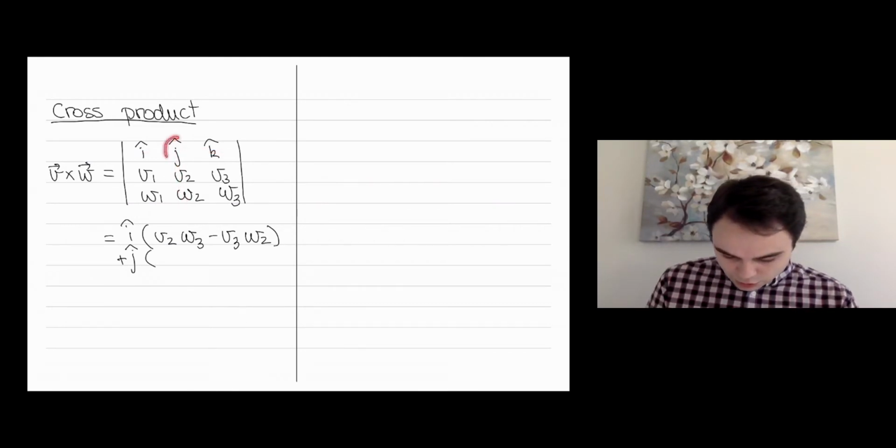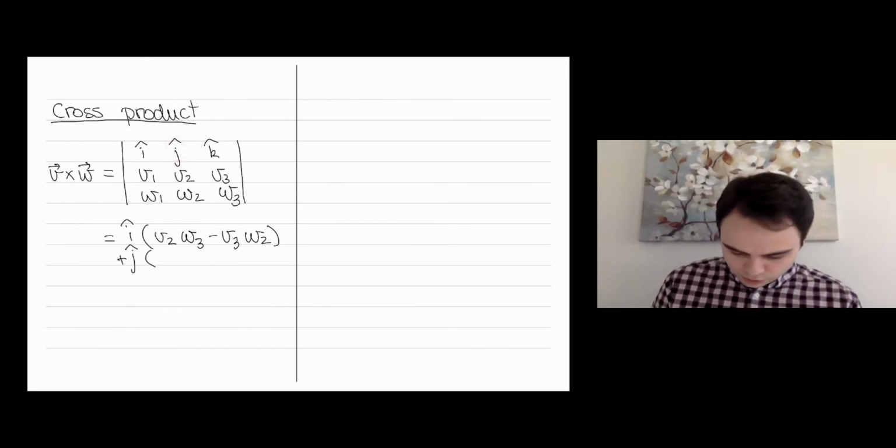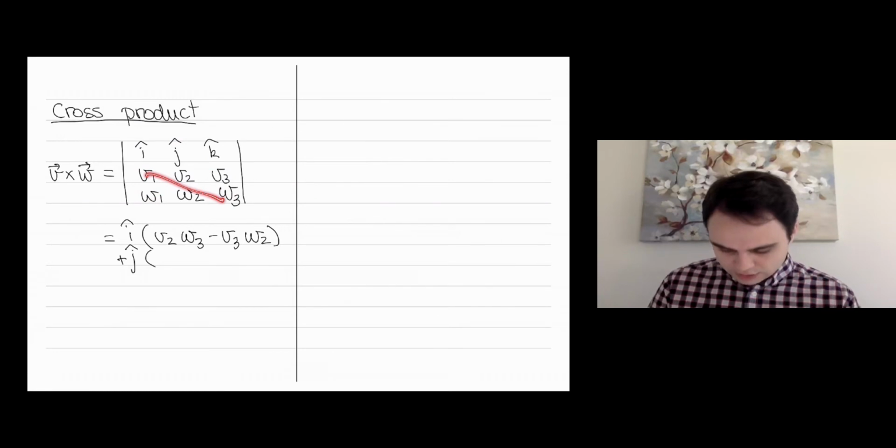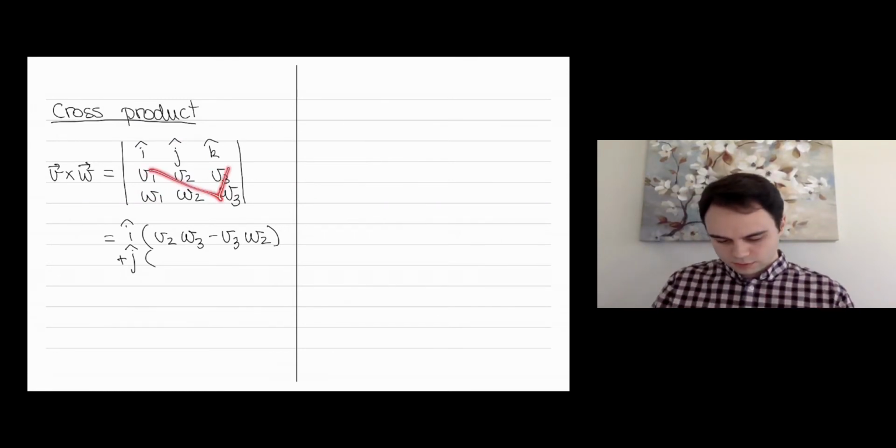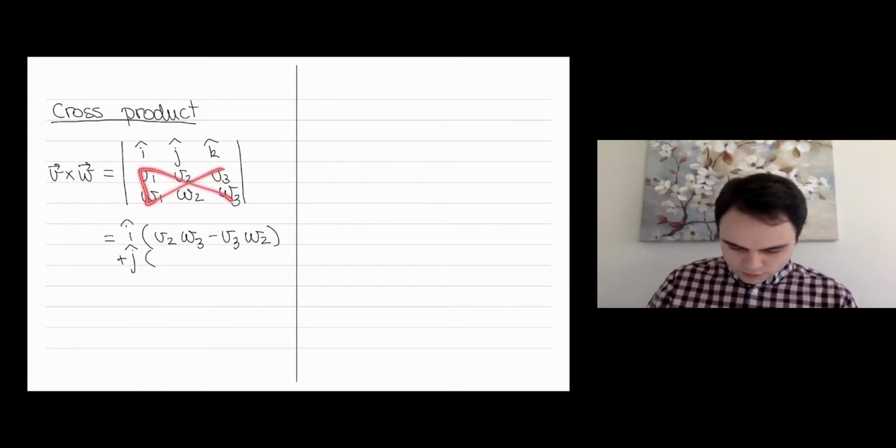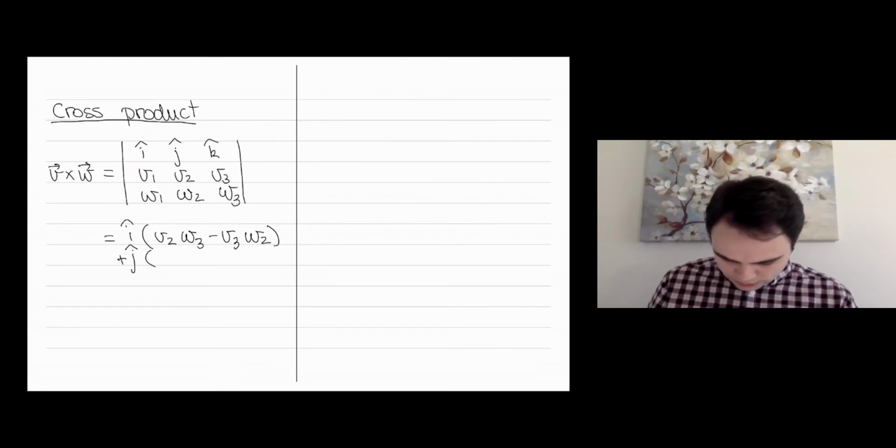But j is special. When you do a determinant, you want to do the multiplication backwards like this, instead of doing it cross and back, you do back and go like that. So you get v3 w1 minus v1 w3.